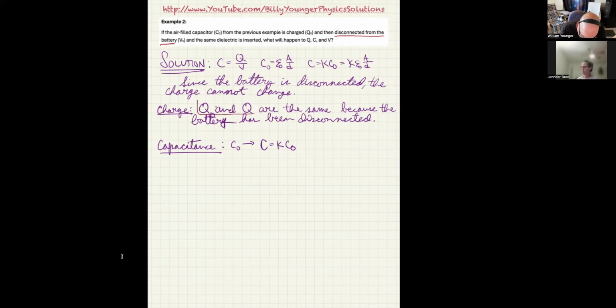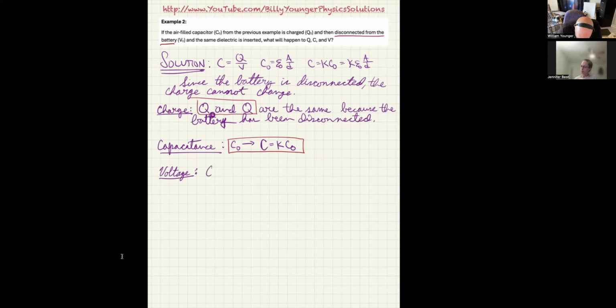So I will write that here. And I should make it obvious that that is a subscript 0 there. The capacitance C0 goes to K times C0. That's another answer. And then we also need to know what's going to happen with the voltage. And in this case, the voltage can actually change because the battery was not left connected.